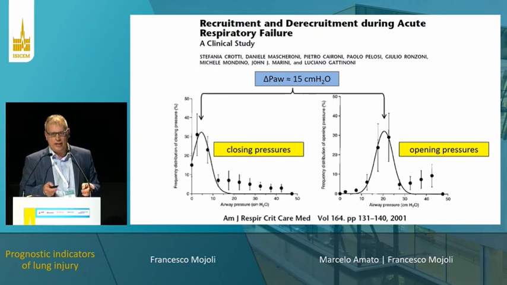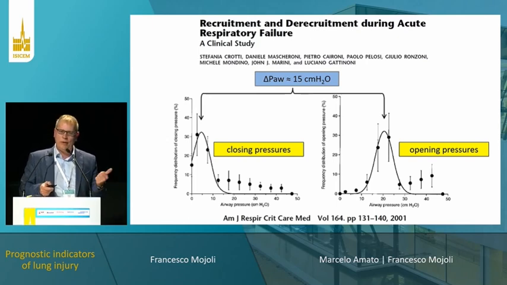We know that the difference between opening and closing pressure in the injured lung is about 12 to 15 centimeters of water. So keeping a driving pressure below this value could help in not opening, with the applied inspiratory pressure, lung tissue alveoli that we are not able to keep open with our PEEP setting.